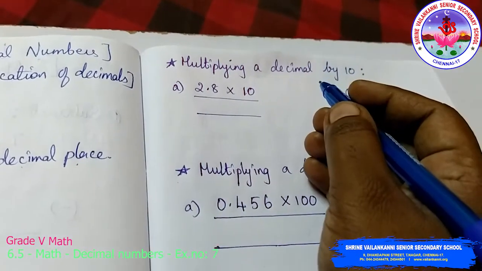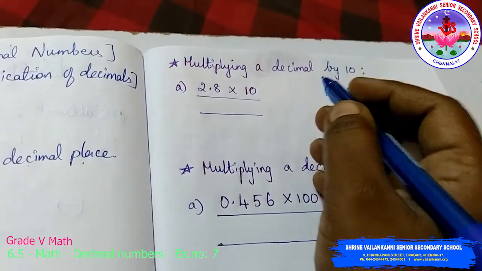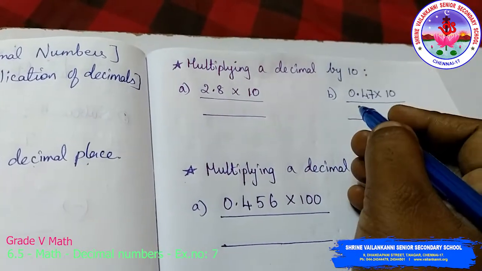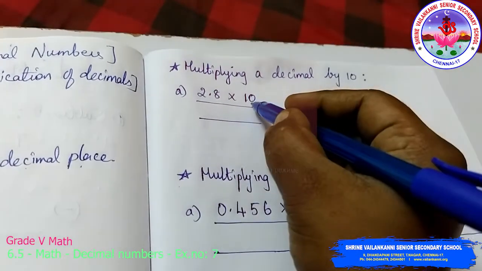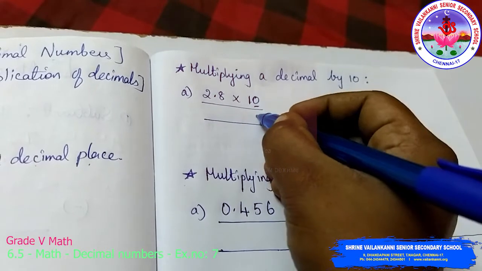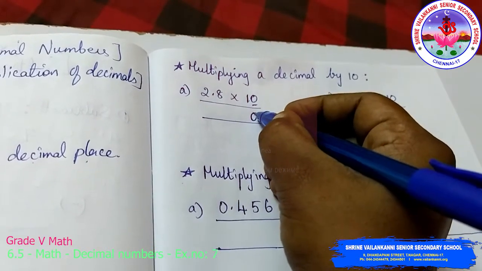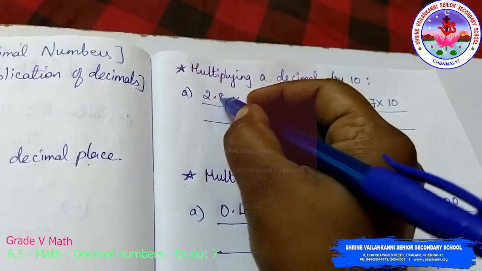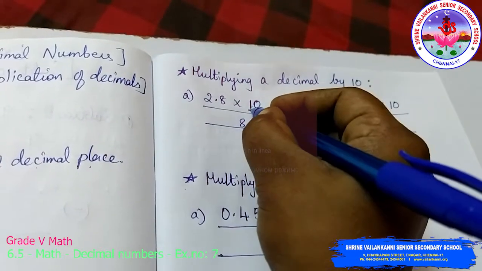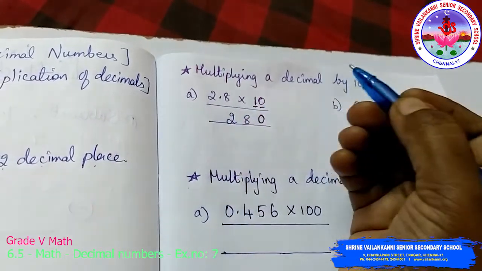You know how to do multiplication with 10, 100, 1000 directly. The same procedure we are going to follow here. So this 0 directly goes in the answer, multiply with the 1 table. 1 eight is 8, 1 two is 2.